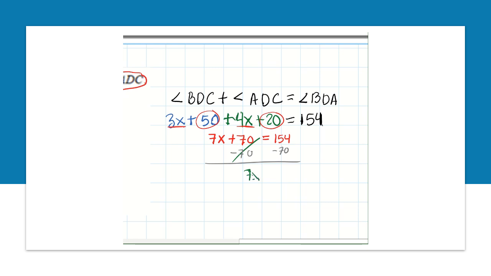To cancel the 7 next to the x, we divide on both sides by 7, which results in x equaling 12. Now, we're not done here because we're not looking for x.